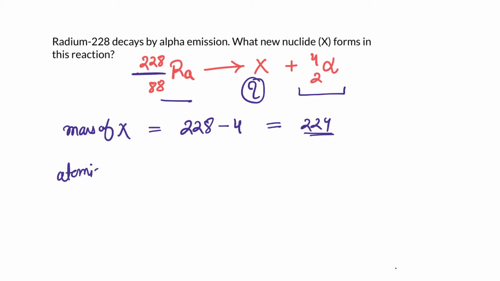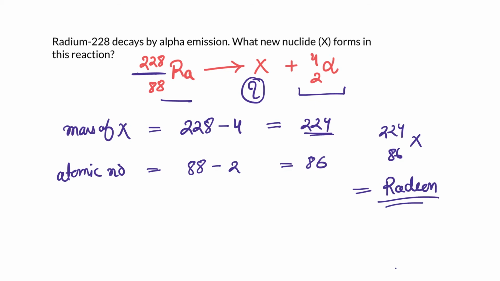So once again, remember, the alpha particle, that is He 2+, has the atomic number of 2, right? So we have 88 minus 2, we want to subtract 2, right? So that comes to 86. So we are looking for an element that has a mass of 224 and atomic number 86, right? And this comes out to be radon, right? So this is our answer.